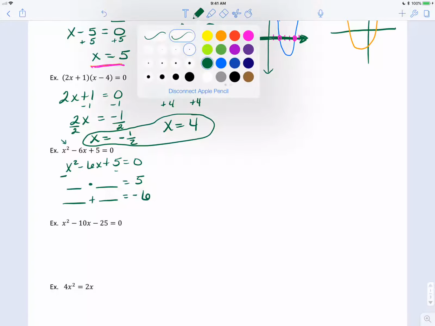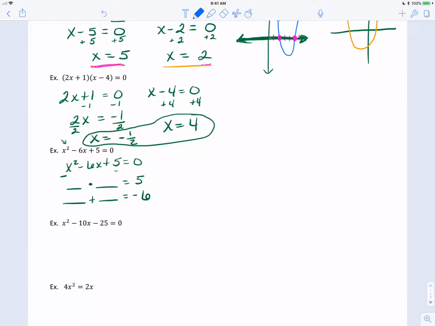Hopefully we're getting better and better at this factoring, but that should be negative 5 times negative 1. Yes, okay, so we're going to set up our factors now: x minus 5 times x minus 1 is equal to 0.